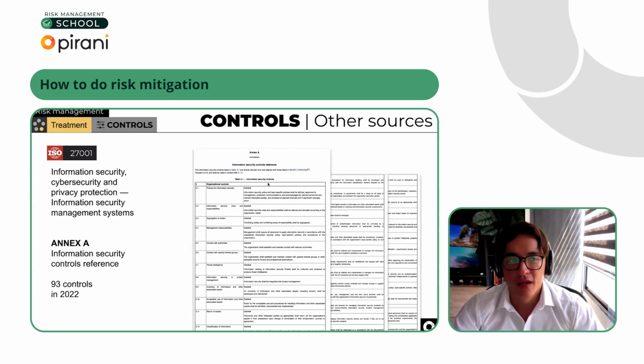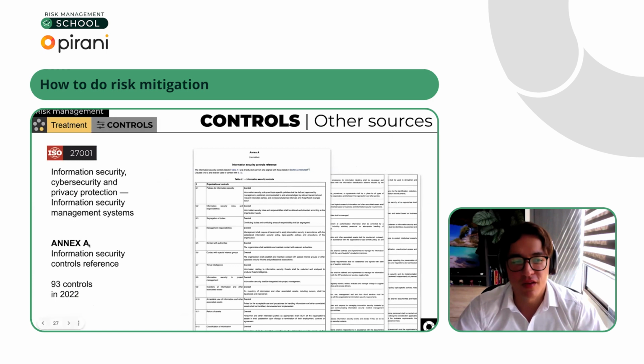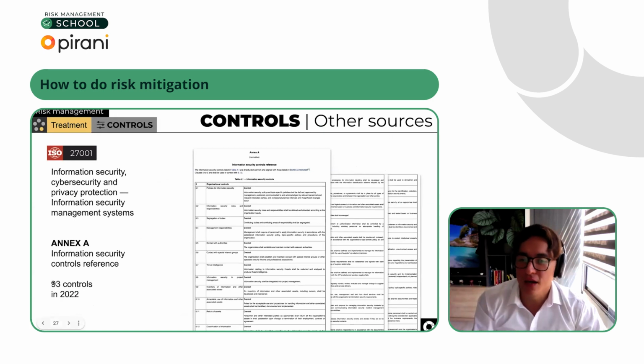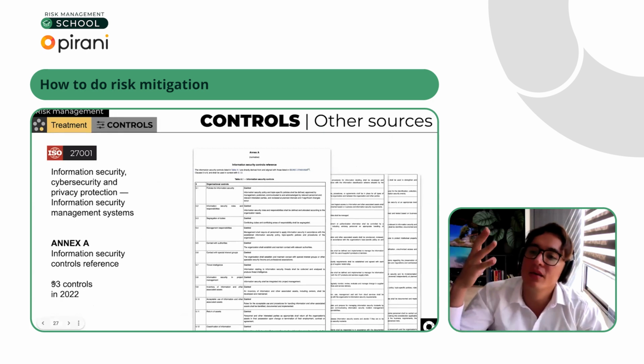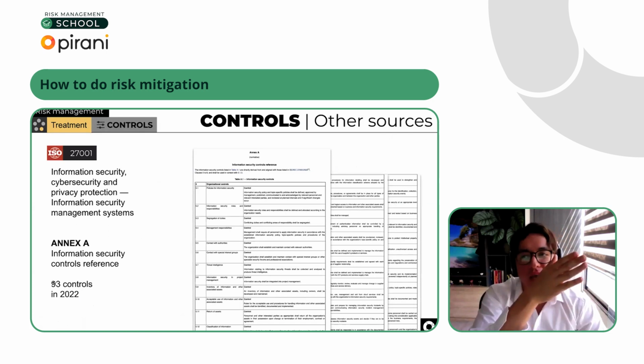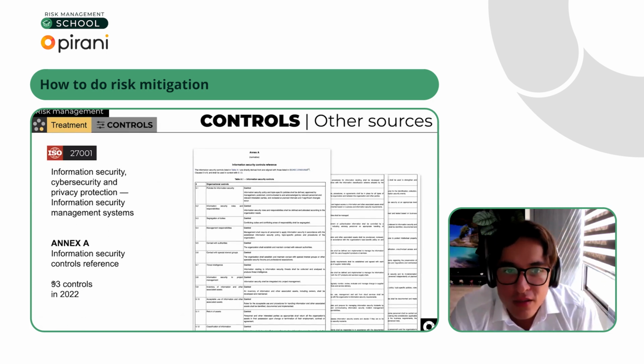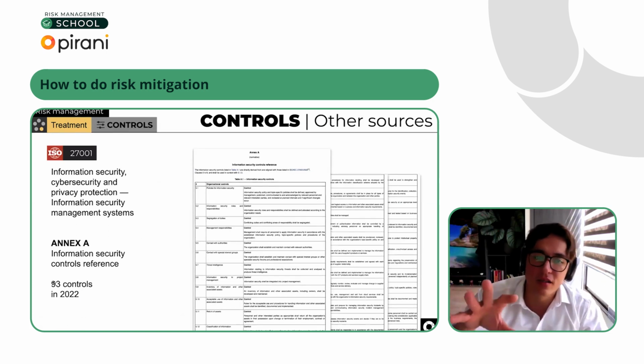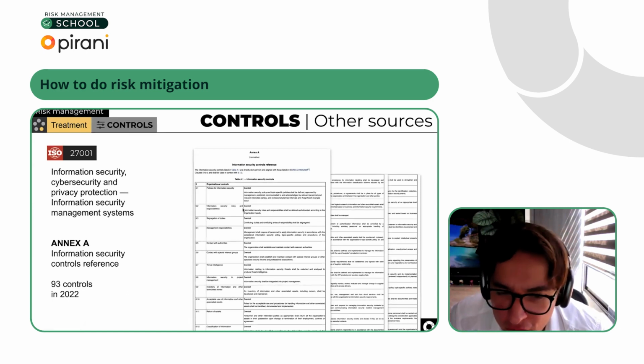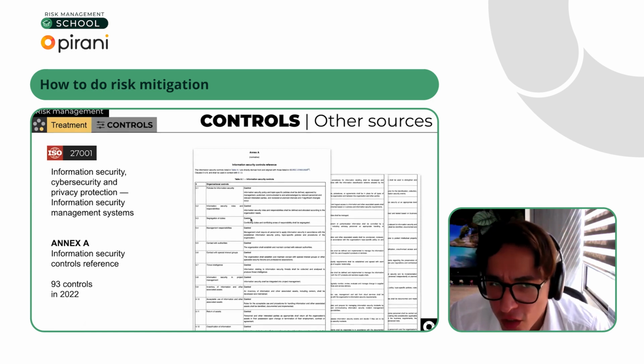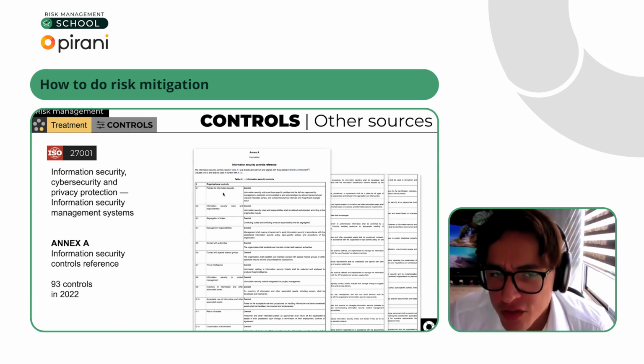Like I mentioned, in the controls of Annex A of information security in the 2022 version, there are 92 controls that give you an idea: okay, what can I implement in my company to mitigate the information security risk? They are categorized, for example, into organizational controls and technology controls, such as policies for information security.